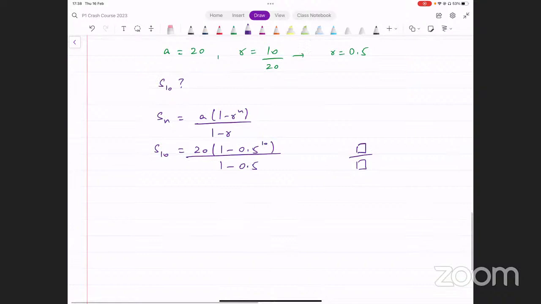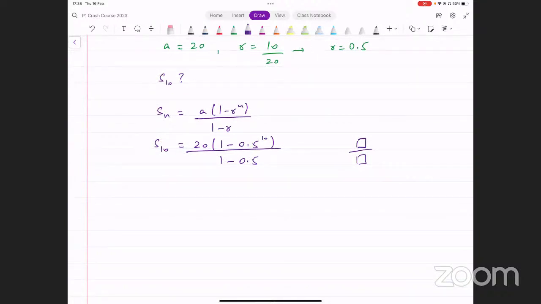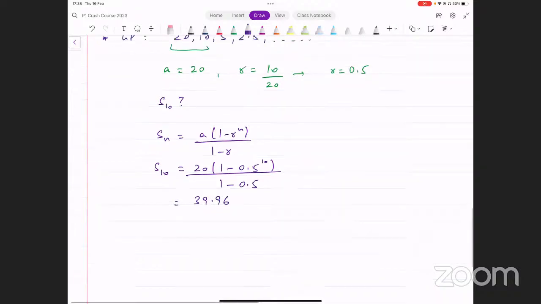So use the fraction button properly, put this whole thing on your calculator if you want, and you'll get the result. In this case, I am getting 39.96 from this. That's the sum of the first 10 terms of the sequence.